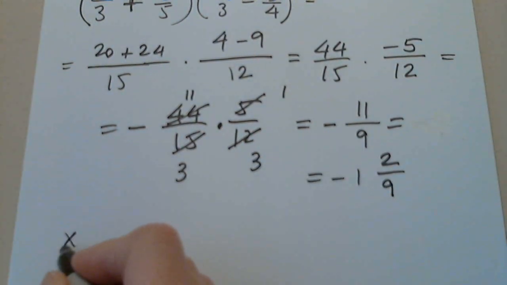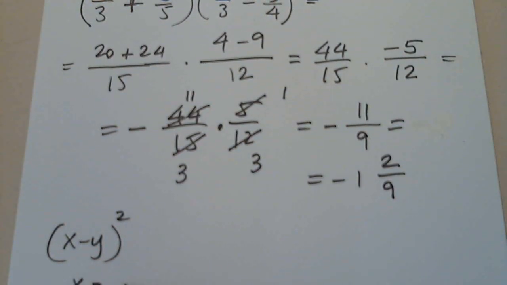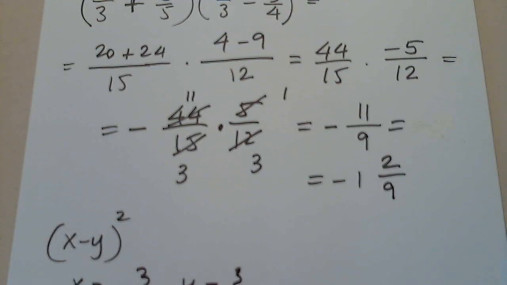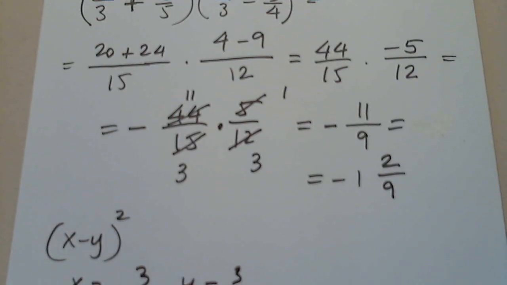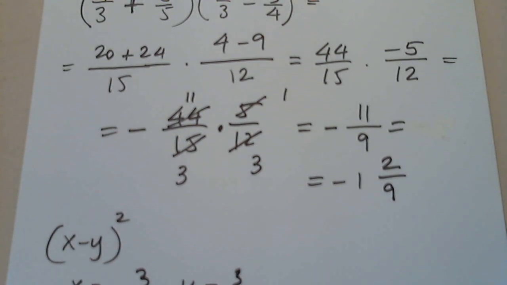So we have x minus y, everything squared, and we are told that x equals negative 3/4 and y equals 3/4. Type an integer or a simplified fraction. So let's work on this problem.